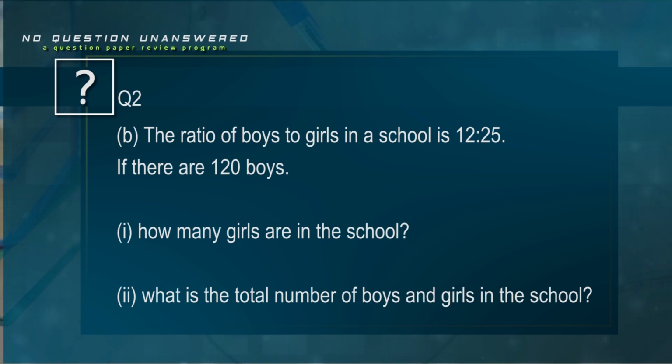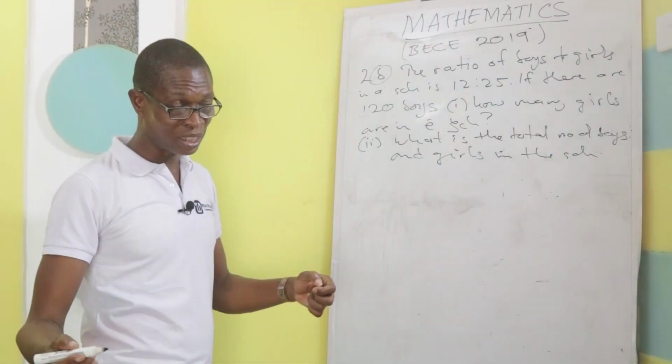And the ratio for 120 boys, of course, you agree with me, is what? They are saying boys to girls is 12:25, meaning the 12 belongs to the boys and the 25 belongs to the girls. So then you equate the ratio to the number of boys and girls.